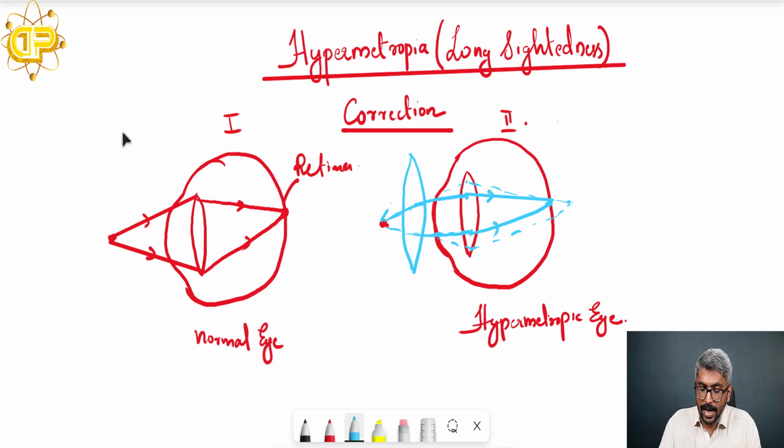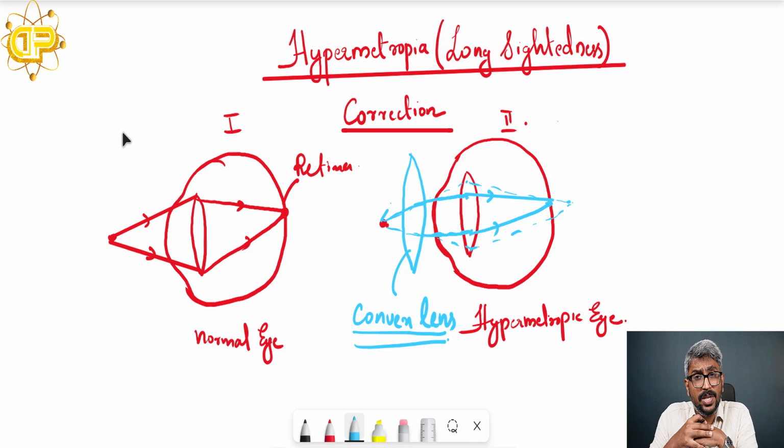So the actual correction is made by using a convex lens of suitable power. If you extrapolate, it just falls on the points.